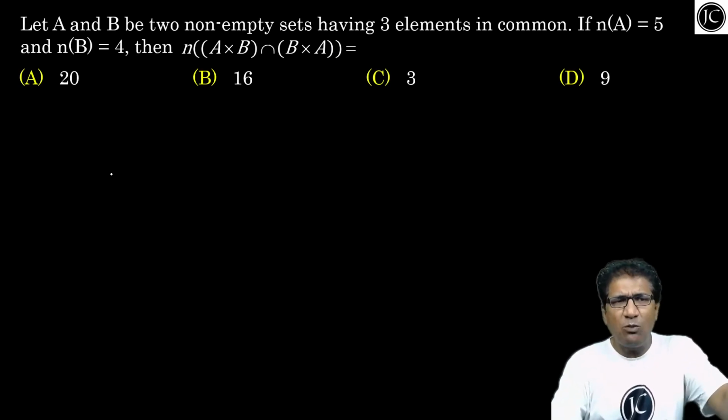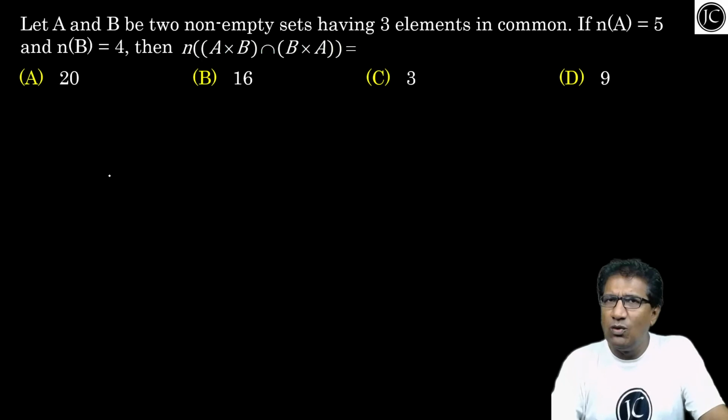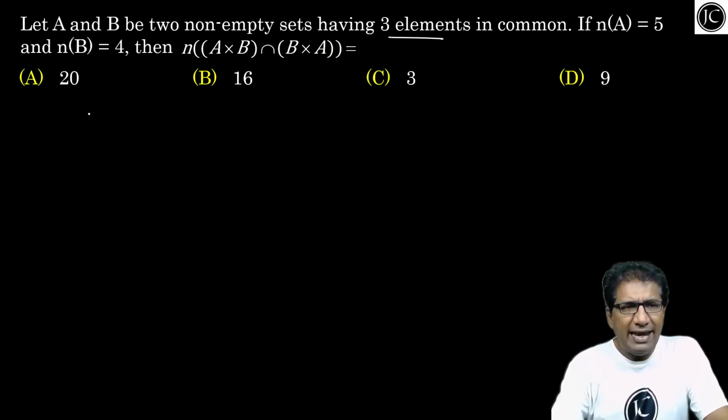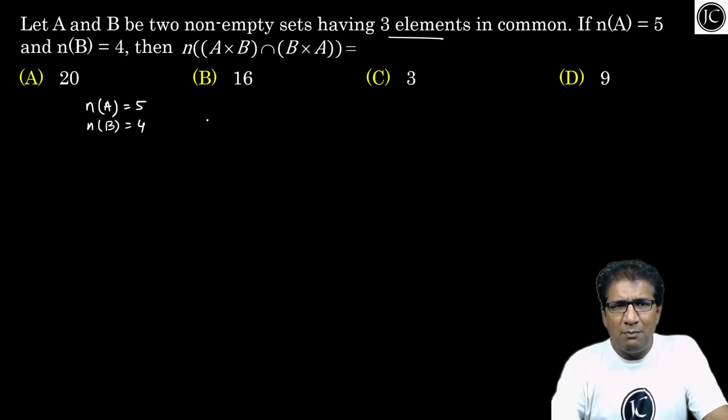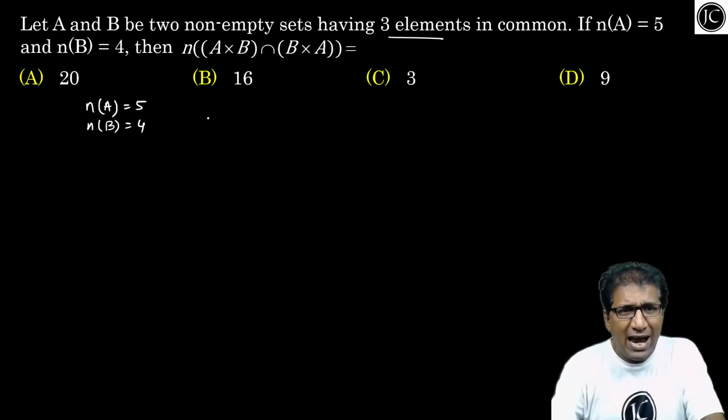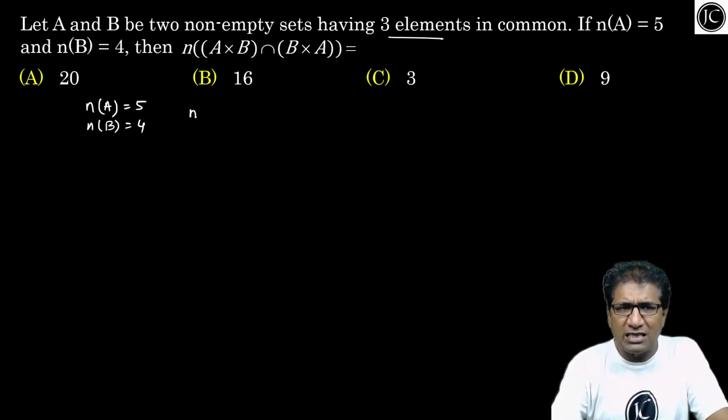यहां पर भी देखो सेम क्वेश्चन दिया है। A and B are two non-empty sets having 3 elements in common. A में कितना है? What is the cardinal number of A? It is 5. And what is the cardinal number of B? It is 4. मतलब A cross B या B cross A में टोटल 20 एलिमेंट्स रहेगा, लेकिन कॉमन एलिमेंट्स कितना रहेगा? क्योंकि they have asked for what is A cross B intersection B cross A। इसका मतलब क्या हुआ?